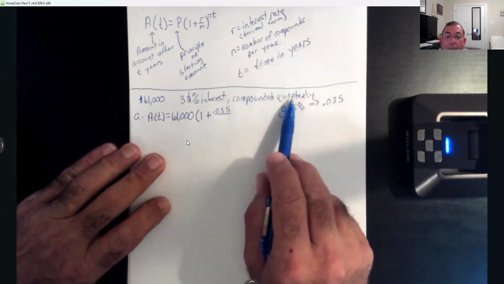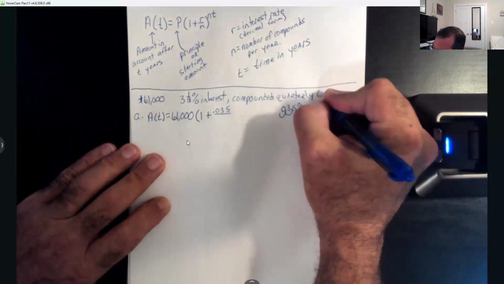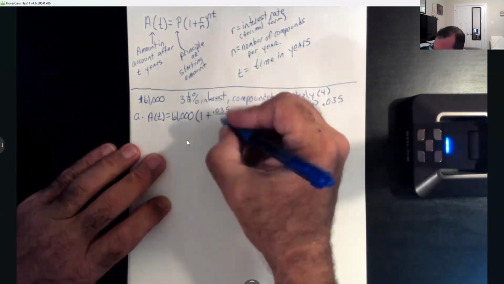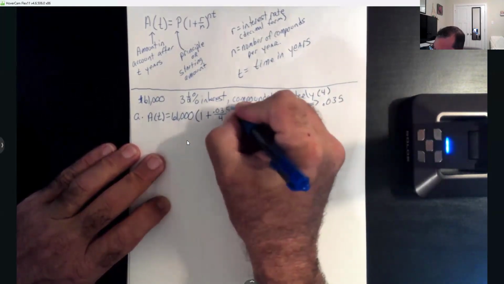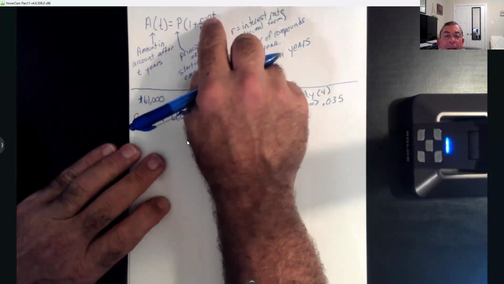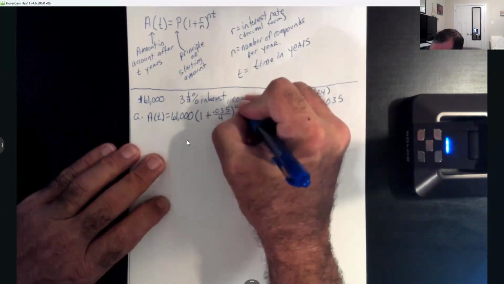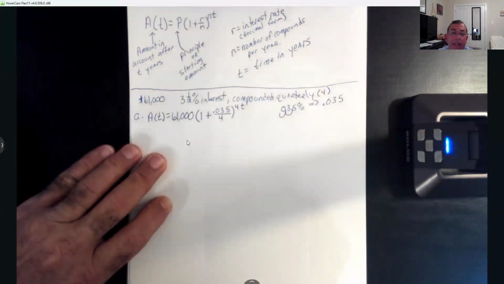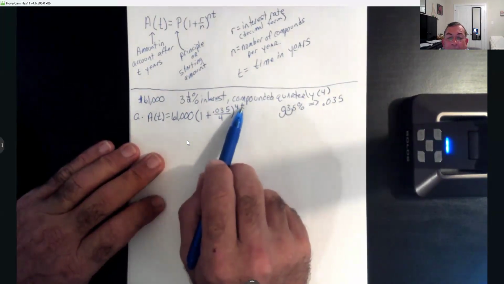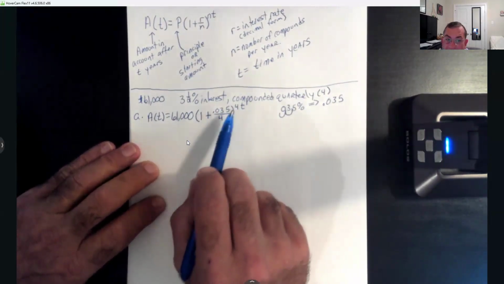They said this was compounded quarterly. So quarterly would mean that that is 4 times a year. Now close parentheses, and then my exponent would be the N times T, which would be my 4 times T. So now that I have a formula, if I know how many years pass, I can find out how much money is in that account.